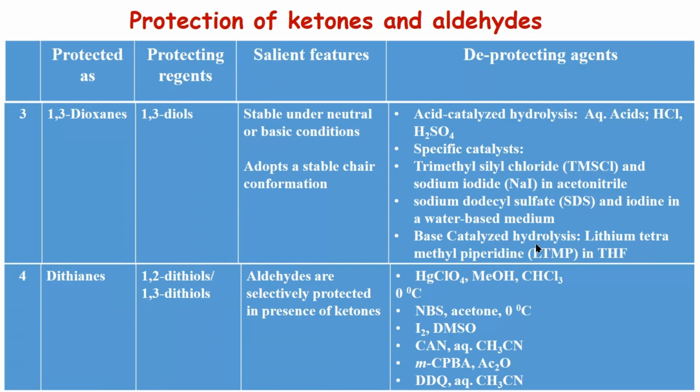They are deprotected by using mercuric perchlorate in the presence of methanol and chloroform at 0 degrees centigrade, N-bromosuccinimide and acetone at 0 degrees centigrade, a mild oxidizing agent like iodine in the presence of an aprotic solvent like DMSO, an oxidizing agent like ceric ammonium nitrate in aqueous acetonitrile, meta-CPBA and DDQ.